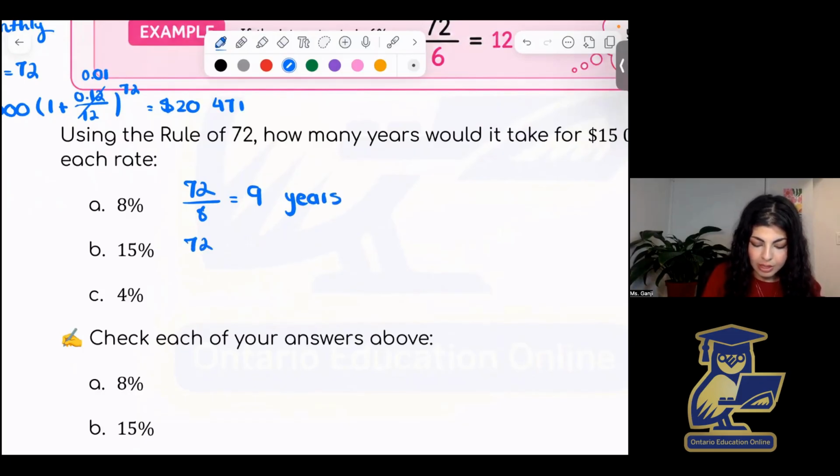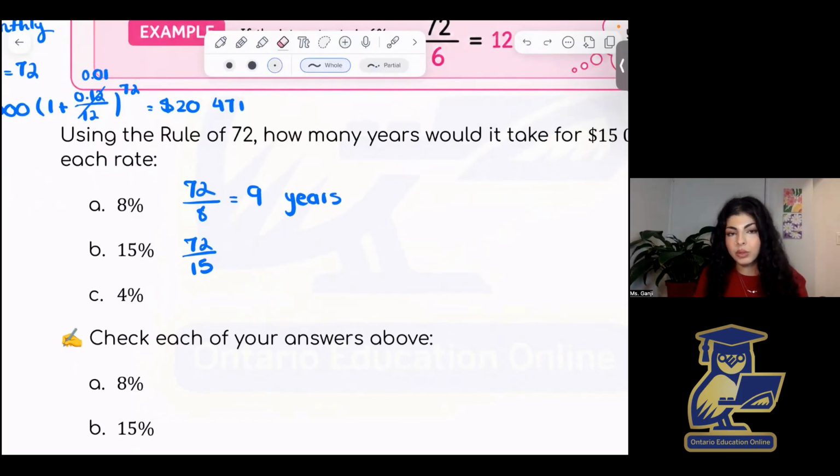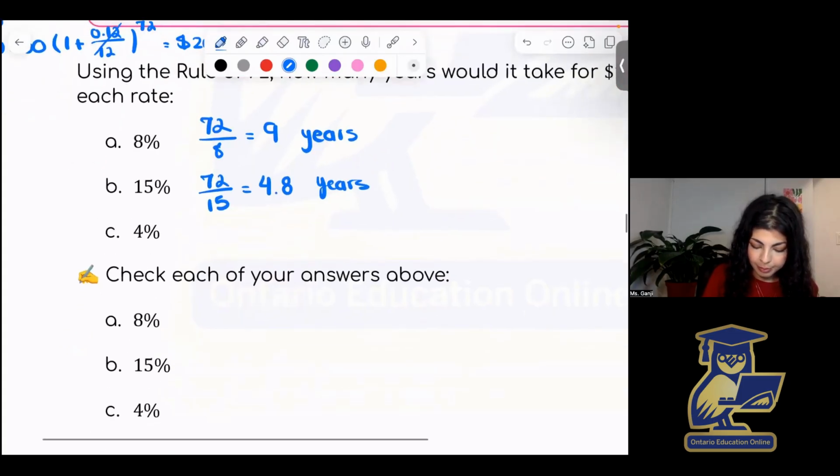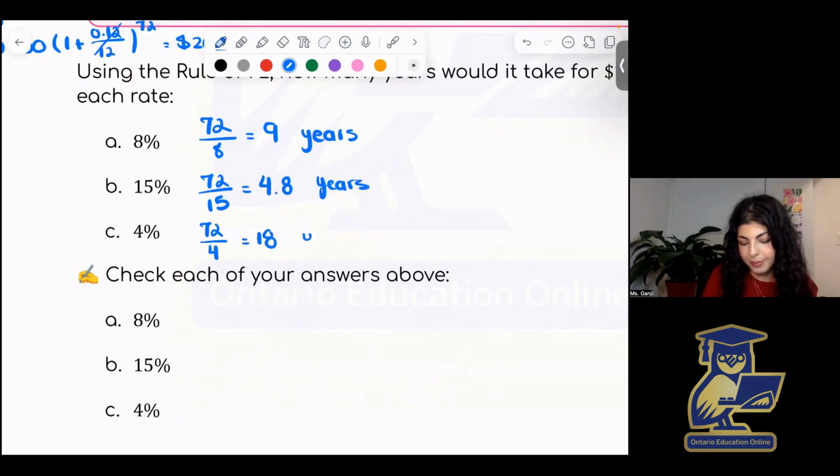Here we would do 72 divided by 15, or it is equal to 9 years, but again, remember this is just an approximation. So in your final answer, if you're writing it, you would say approximately 9 years. This one would be 4.8 years. And at 4, it would be 18 years.